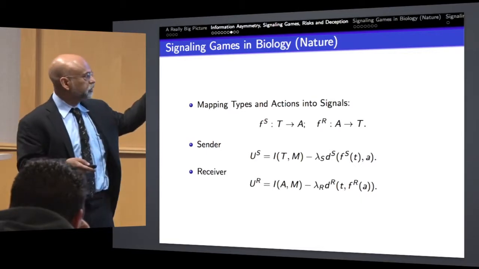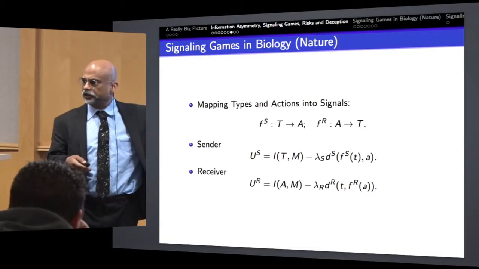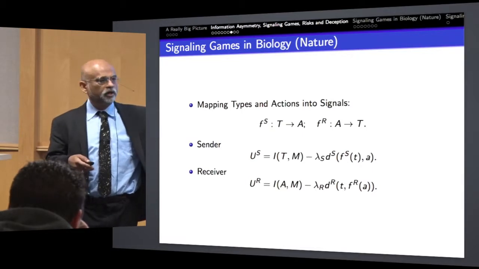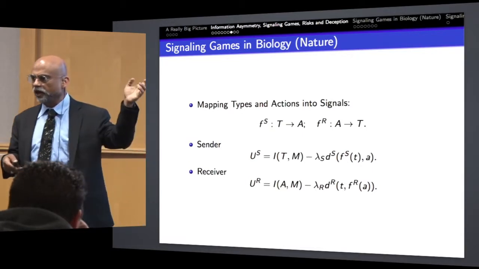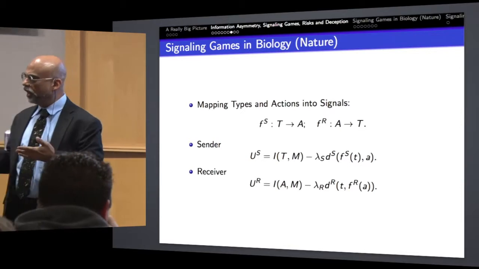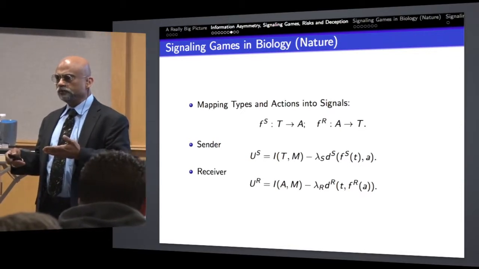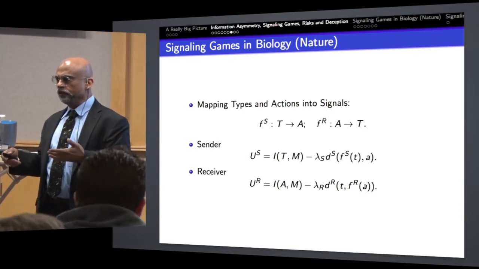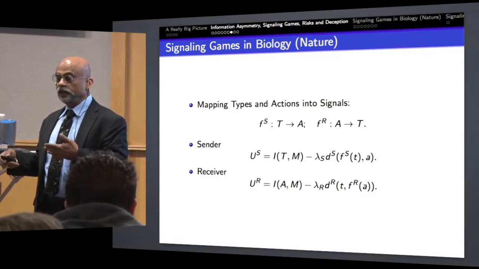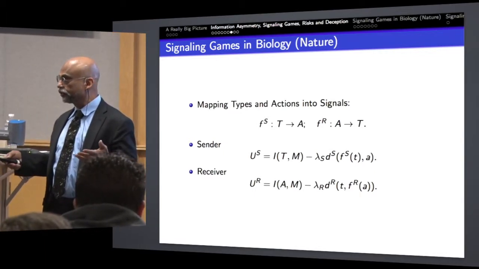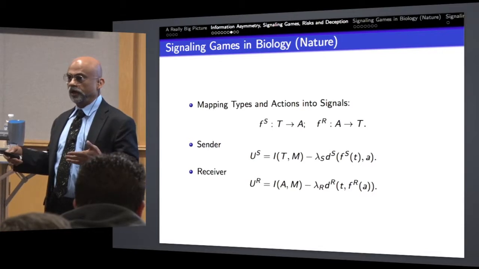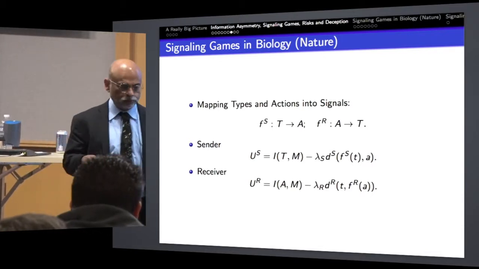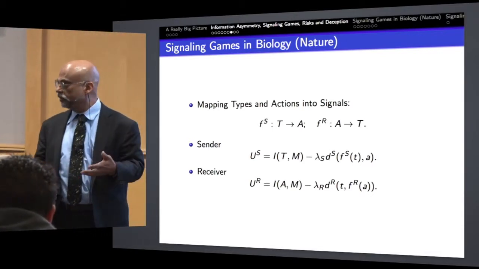So that's the distortion function. This is written like a rate distortion function, and one of the parameters is the Lagrange parameter lambda_s that says how much I'm going to trade off rate versus distortion. In some cases, I may not want any distortion. I want a rich message space where there's zero distortion.